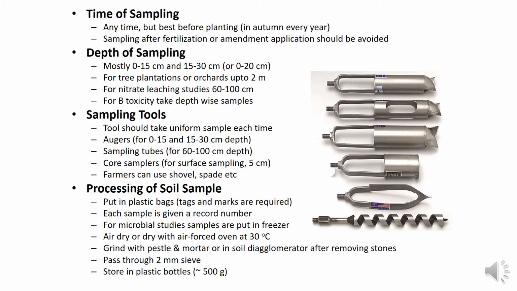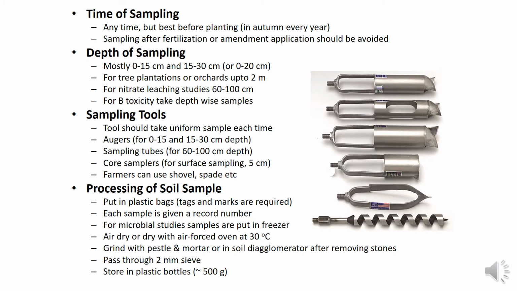Soil sampling tubes are used if you want to take samples from deeper depth, up to 60 to 100 centimeter. If you want to sample the soil surface, up to 5 centimeter, we can use a core sampler. Farmers normally use shovels and spades. If the tools are not available, then a shovel and spade can also be used.